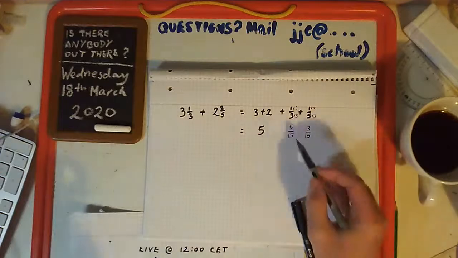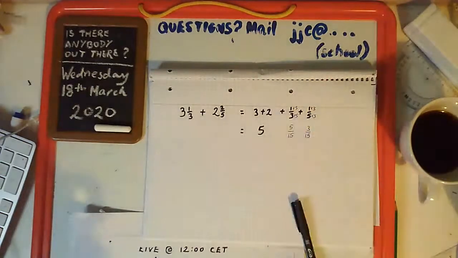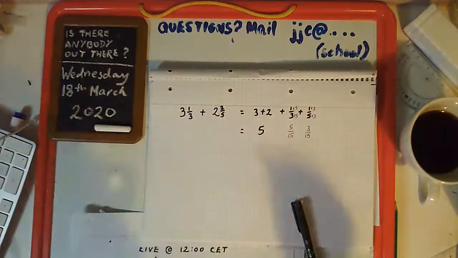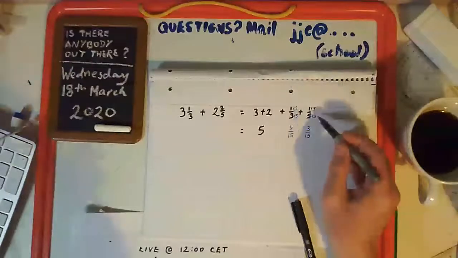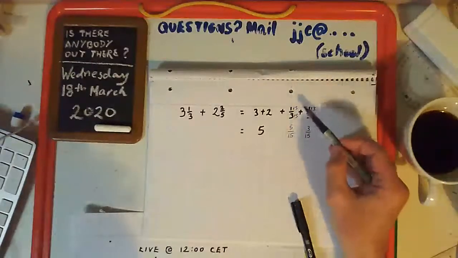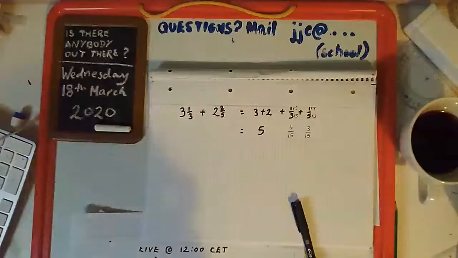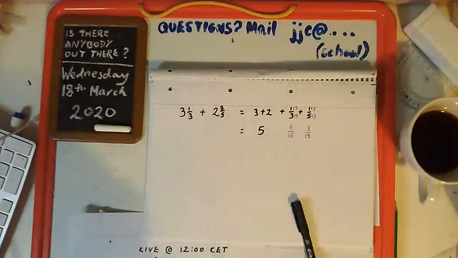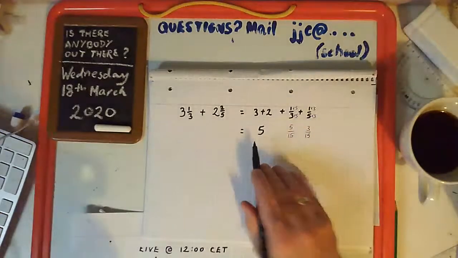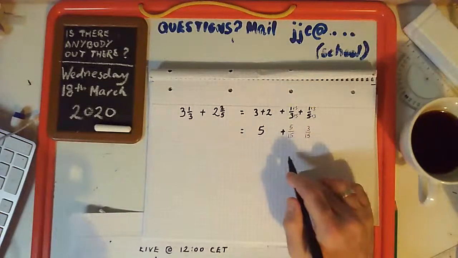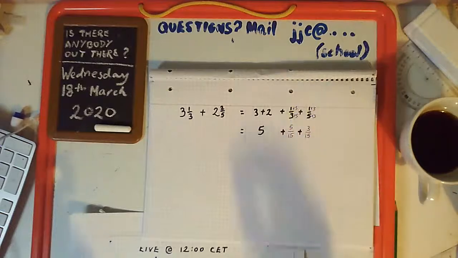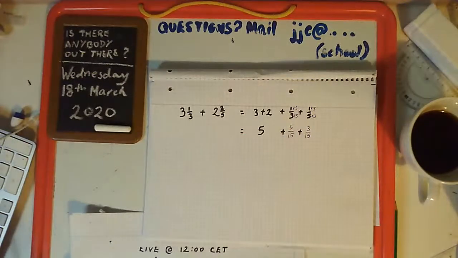So the idea is to make the denominator the same in both. Remember, I'm not multiplying by 5 or by 3 here. I'm multiplying by 5/5 and 3/3, which is just like multiplying by 1. So I'm not making the numbers any bigger or smaller by multiplying by 1. I'm just writing them in a different format. Okay, so we got 5 plus 5/15 plus 3/15.